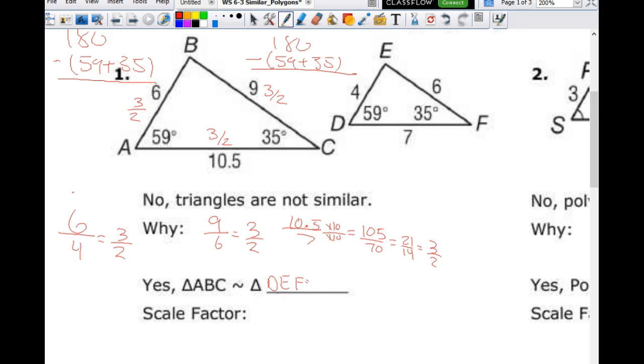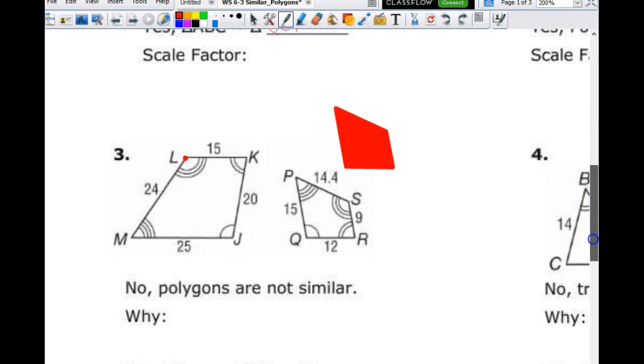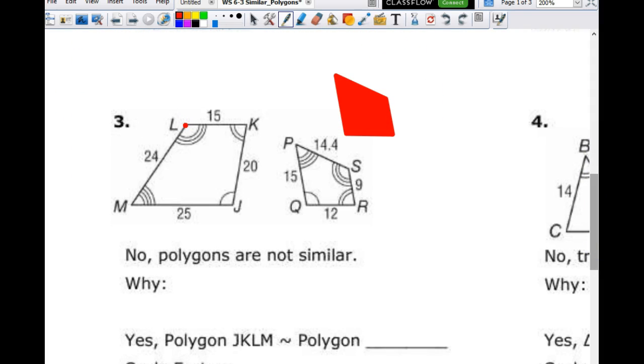Okay. So, we need to see if these two shapes are the same. Well, this one's smaller, right?